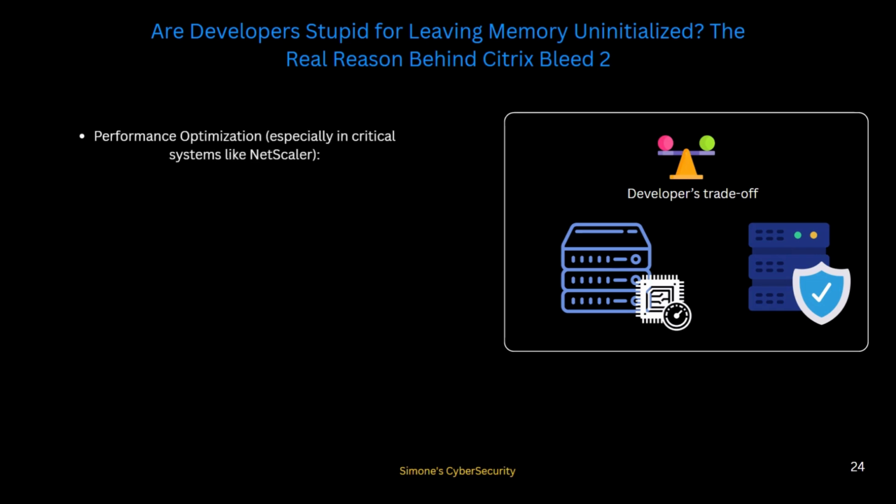The first one is performance optimization. In systems handling immense network traffic like Citrix NetScaler, every CPU cycle and every memory operation counts, and initialization would cost you more CPU cycles and more CPU resources.